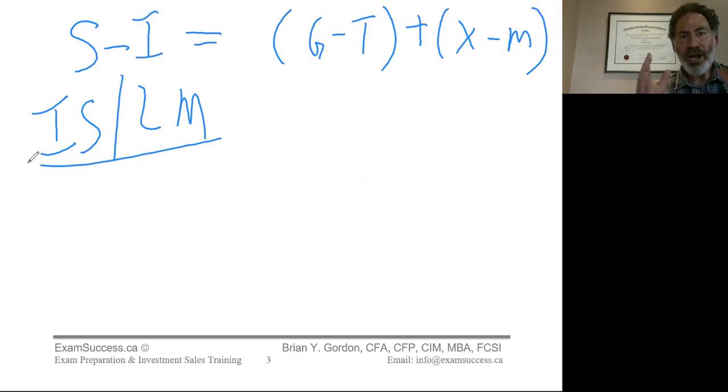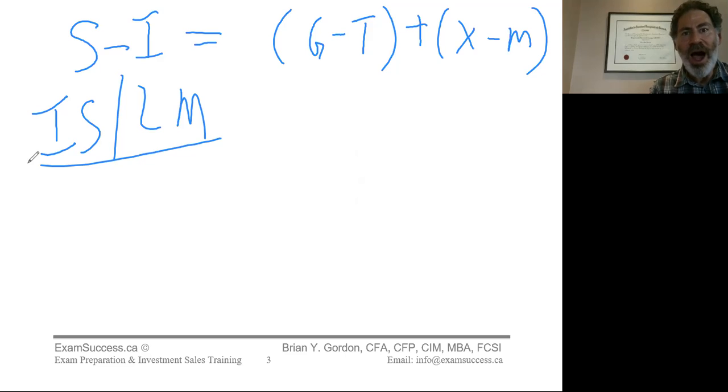Don't get bogged down. In the curriculum, they just drop this in there. I could write 20 questions just on the ISLM. They drop it in here, and we need to make sure that we can handle this. So let's crack the code on this and put it together.